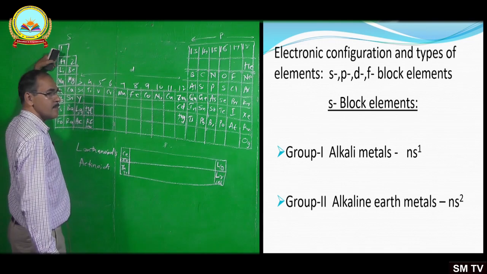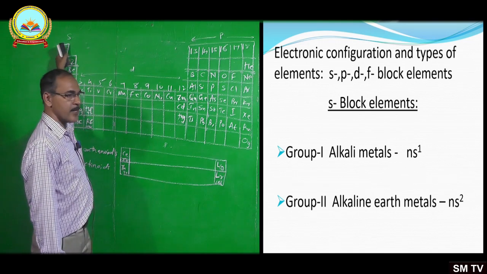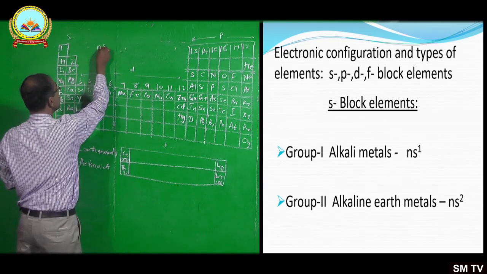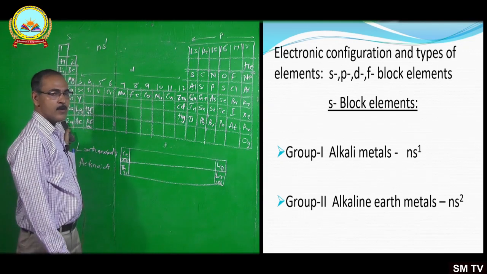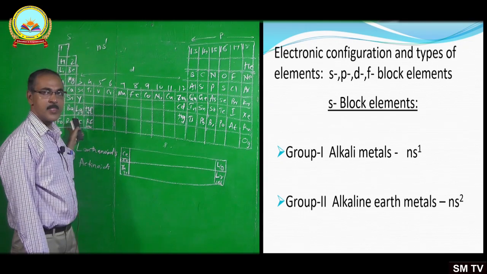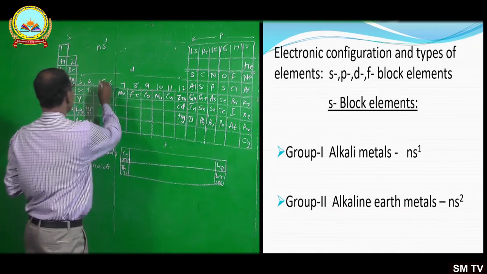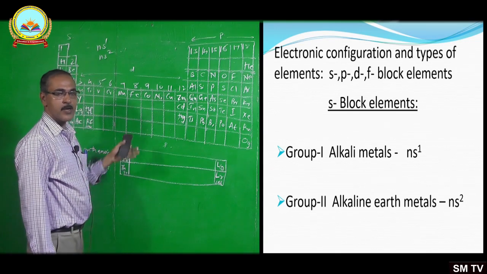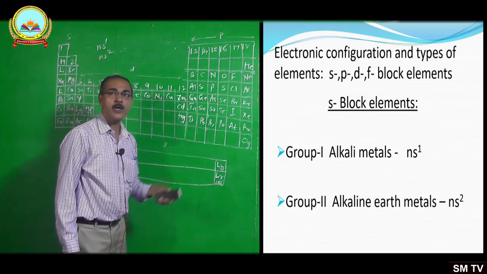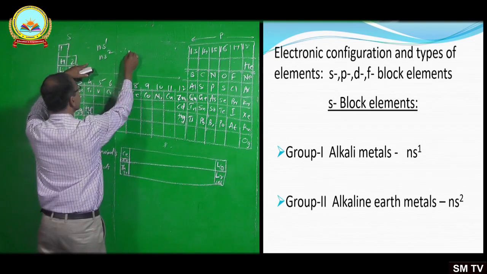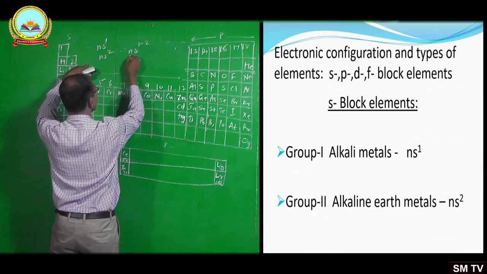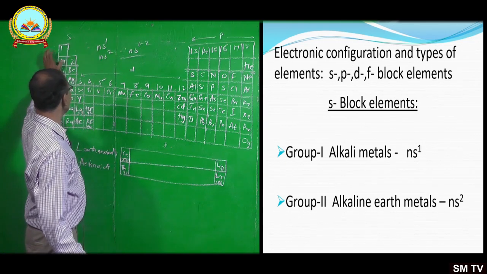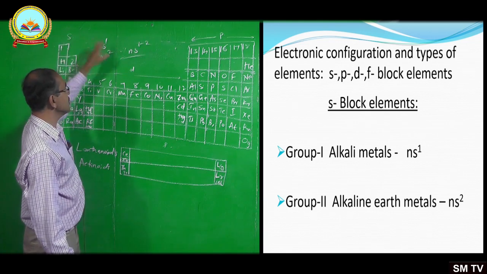In the first group, the general outer electronic configuration for these elements is ns1, and for second group elements, the general electronic configuration is ns2. In general, the general valence electronic configuration for group 1 and 2 elements, or S block elements, is ns1 to 2.